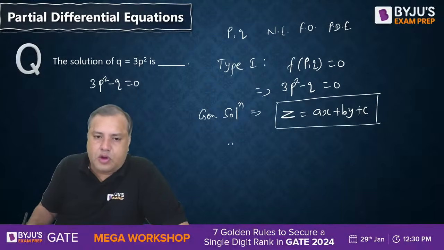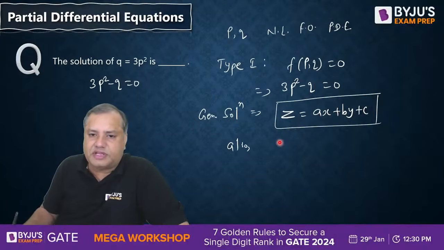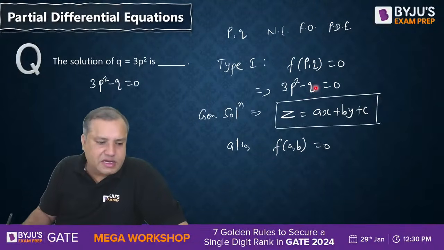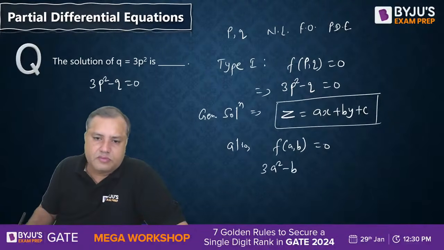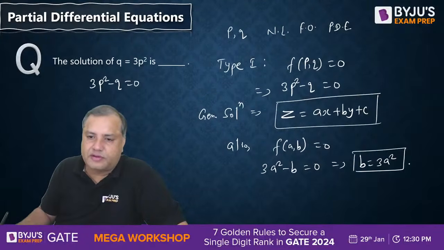Also, a and b are related with each other by this relation. So in this relation, just replace p by a, q by b. So what is b? b is 3a square. Put this in equation 1.